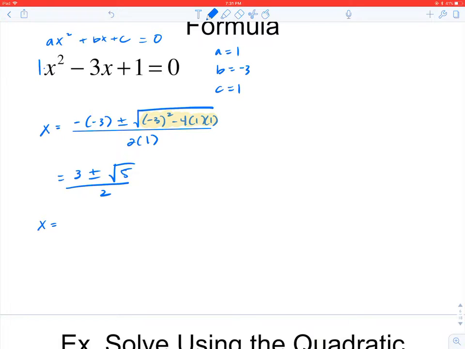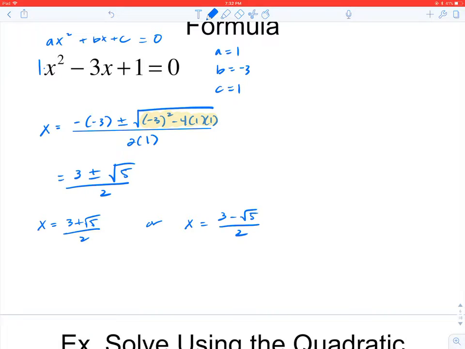Okay, the square root of 5 can't be simplified any further, so I can go ahead and separate my solution. So we'll have x equals 3 plus root 5 over 2, or x equals 3 minus root 5 over 2.